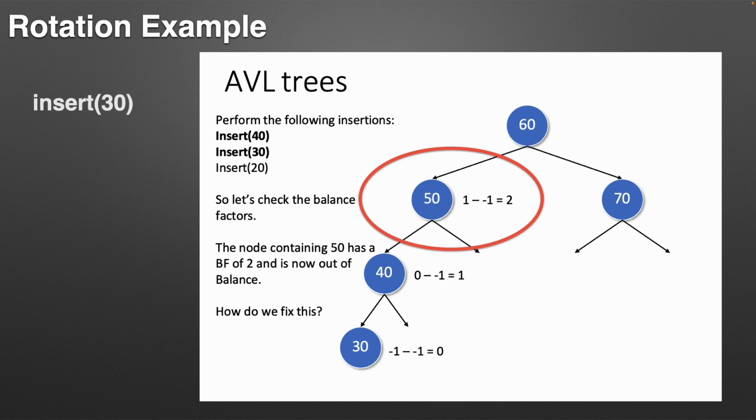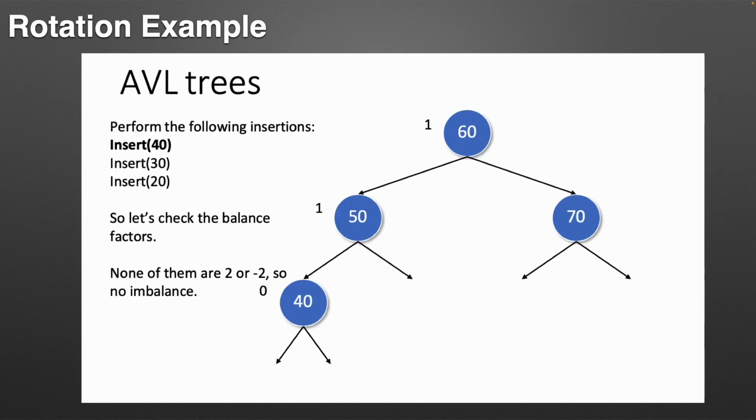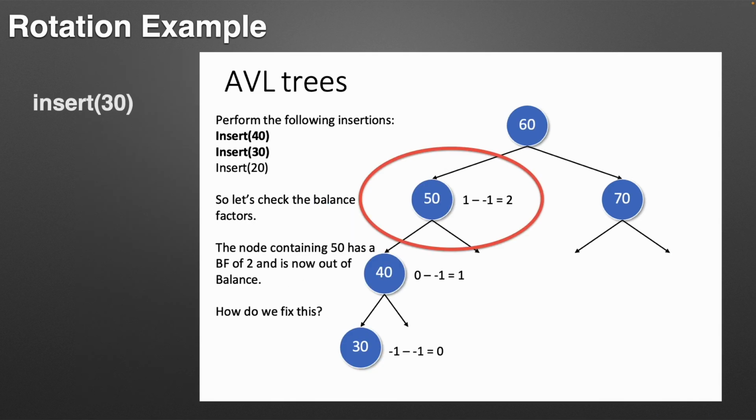So wasn't it a problem before we added 30 then? No. Because if you compute it, you have to remember that when nothing's here, these are the negative ones. And so 50's balance factor is 1 at that point. When you add this node, it changes. It becomes 2 because this propagates upward.